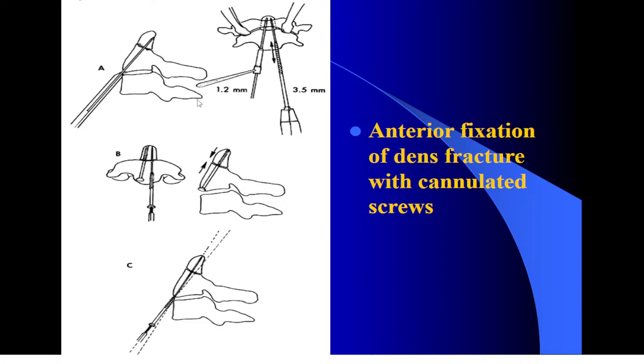Cannulated screws means that you have a hole inside the screw, and you can put that screw over the wire which you already inserted inside the odontoid process. We need it to avoid injury of the organs which are located around the odontoid, the spinal cord, of course, first of all. So the wires are your guide, and as soon as you put your guide where it should be, only after that will you insert the screws.